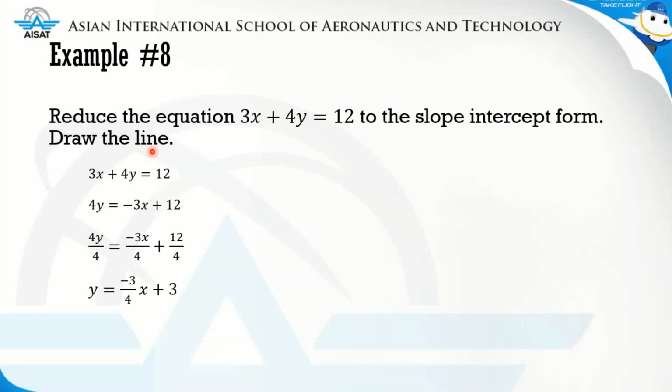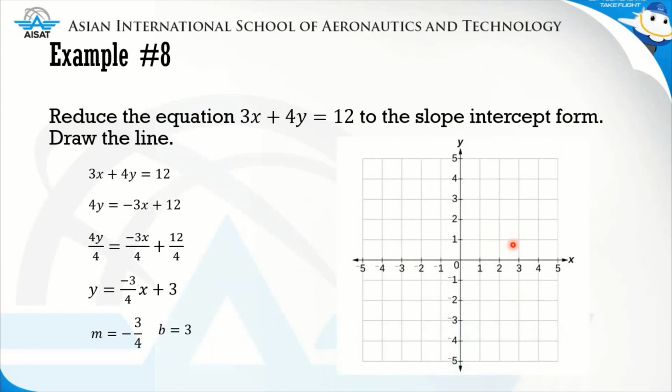Now from this equation, we can extract the following values. Slope is equal to negative 3 over 4 and the y-intercept is 3. Now given these values, let's try to draw the line. So we have here our Cartesian plane.